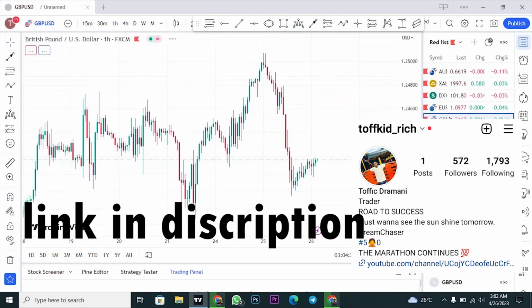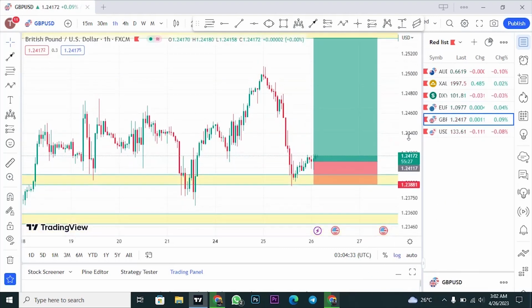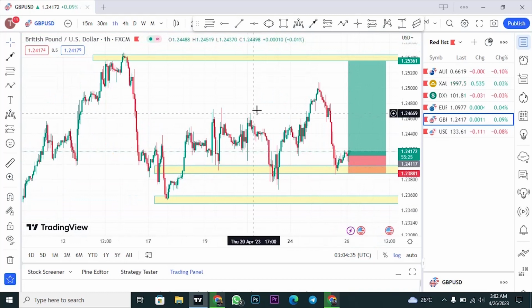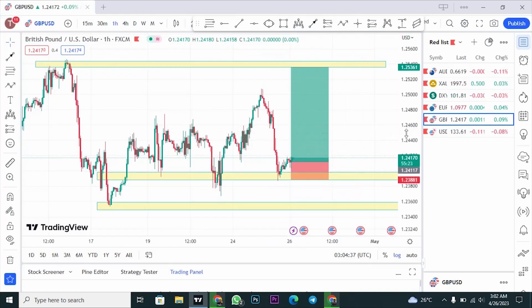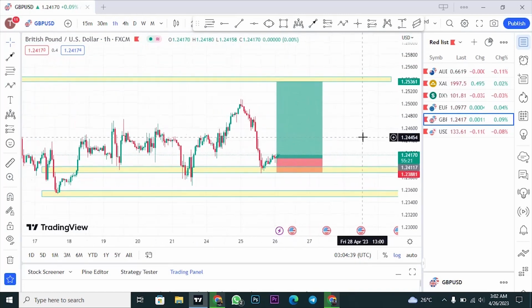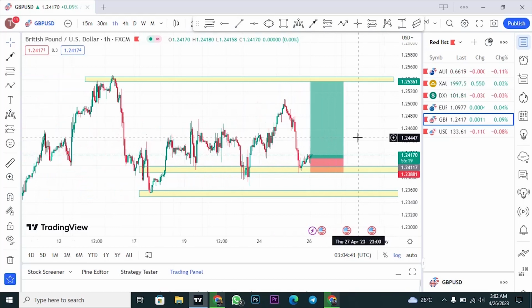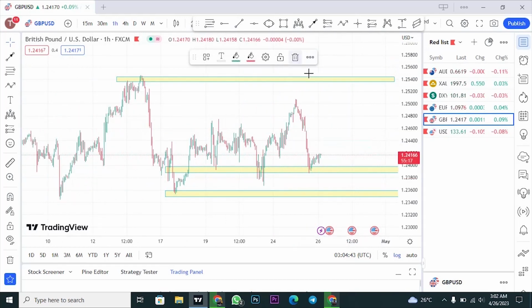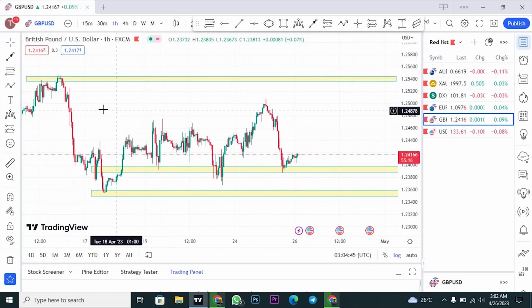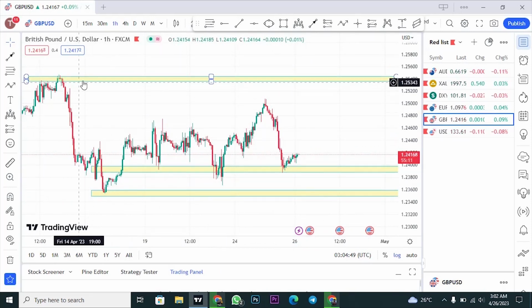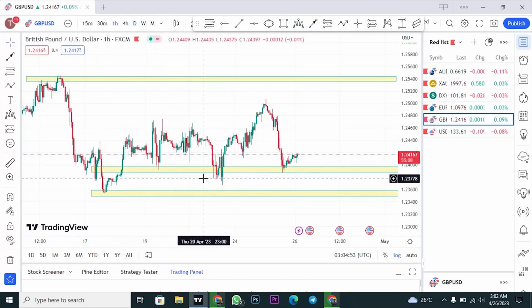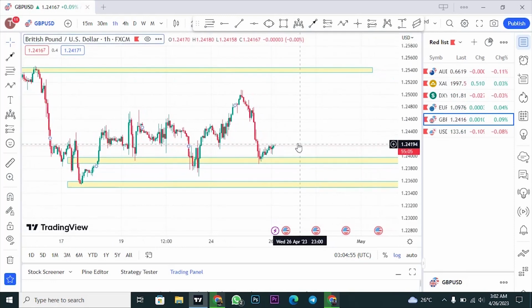So let's move on to GBP USD. With GBP USD, you can see I have my zones drawn very nicely. Let me take off this one. I have my zone drawn very nicely right here. You can see we have a resistance right here, you have a support right at this point, and also a support right at this point.